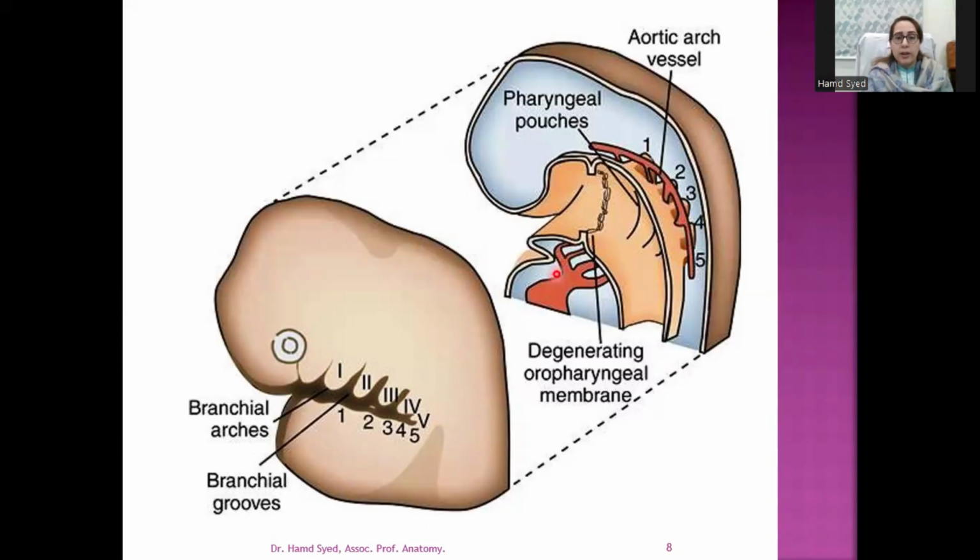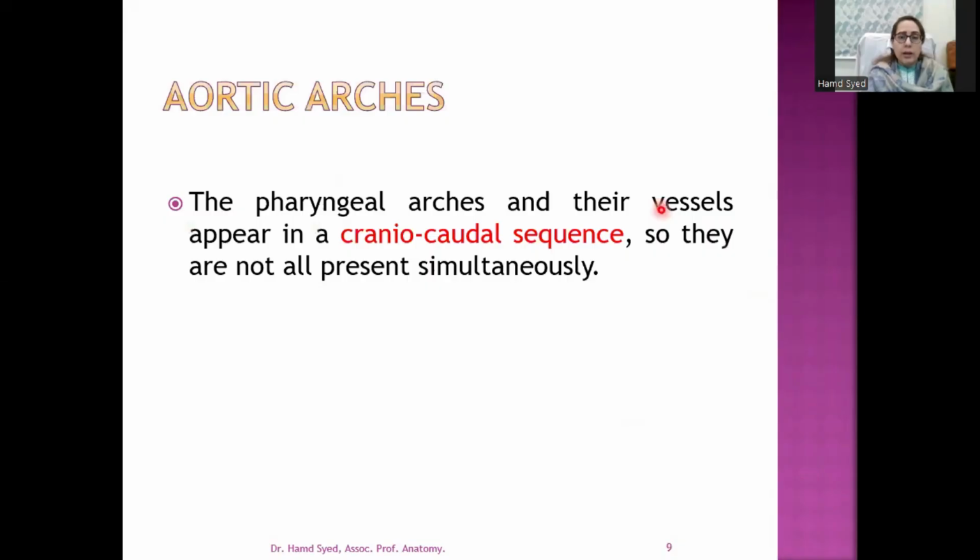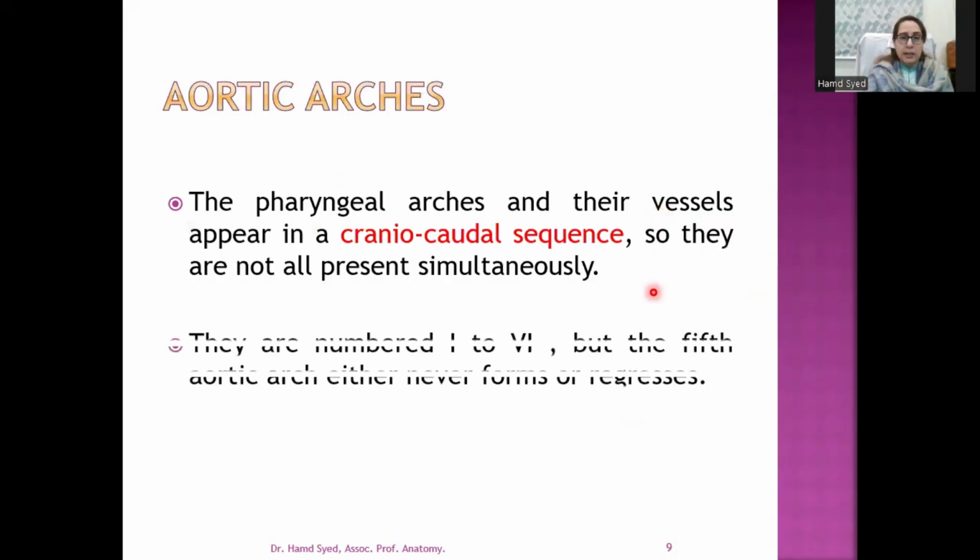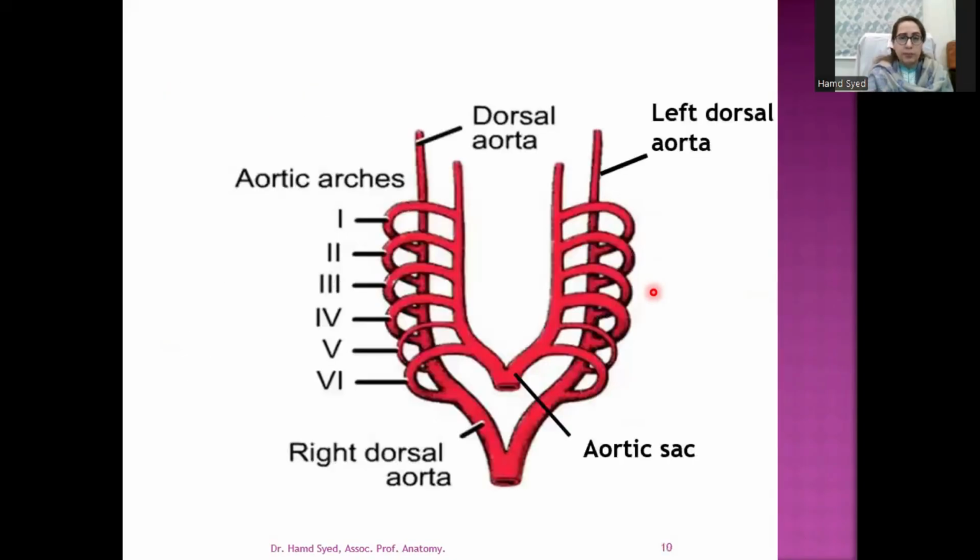The arteries are arising from the aortic sac and terminating in the dorsal aorta, and these arteries are called aortic arches. Their appearance is craniocaudal, which means they're not all present simultaneously. And their numbering, remember, is 1 to 6. The fifth one is either very small and will regress, or it doesn't appear at all.